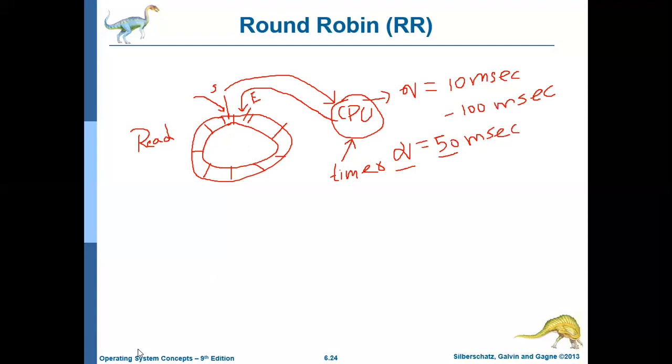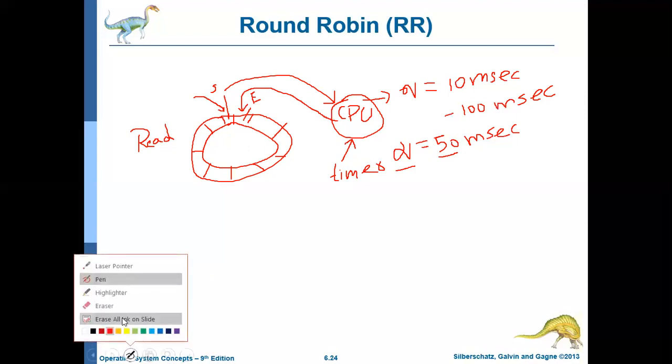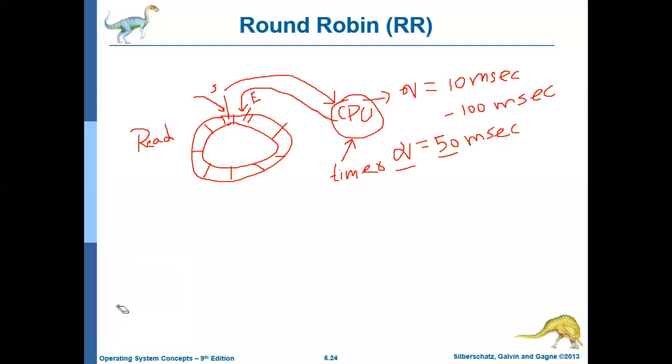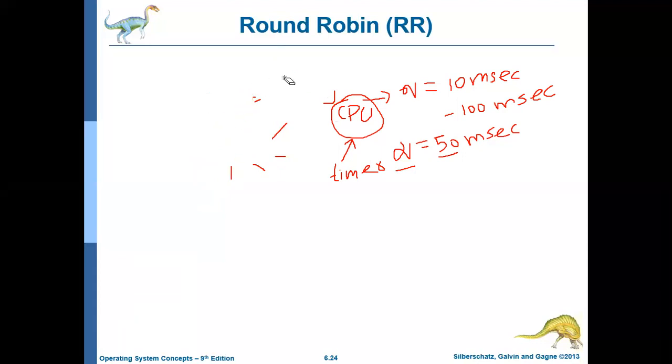Every process will get an equal amount of time quantum to use the CPU. Before the time quantum expires, if the process completes, then obviously it will release the CPU and go out of the system.